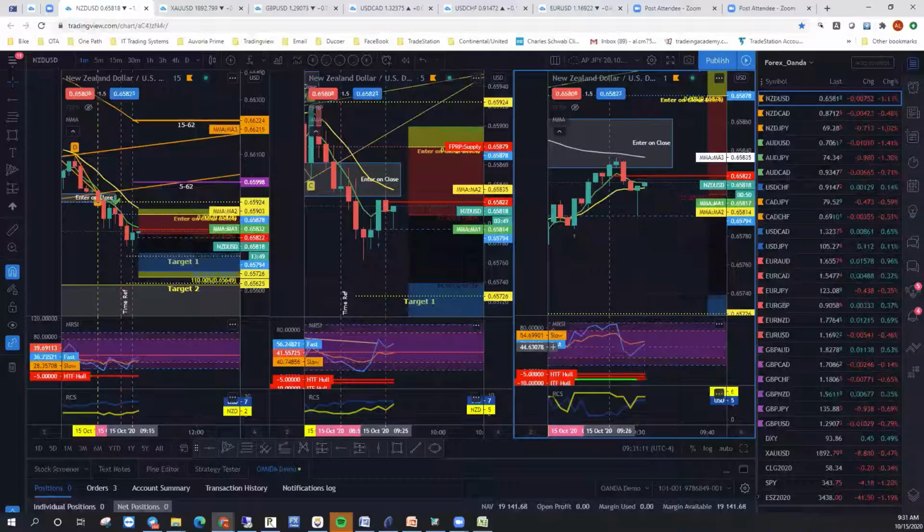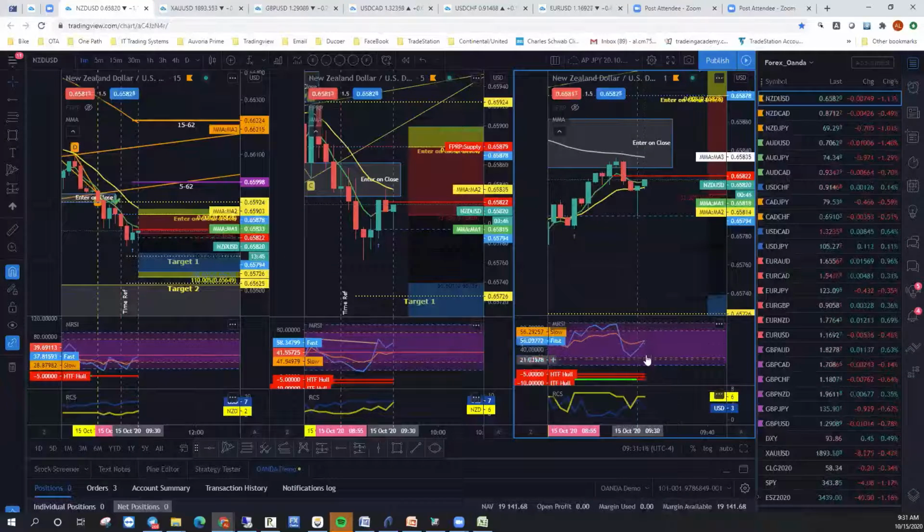Right now, nothing's conclusive here. Everything's still in the middle of the 75-25 zone.